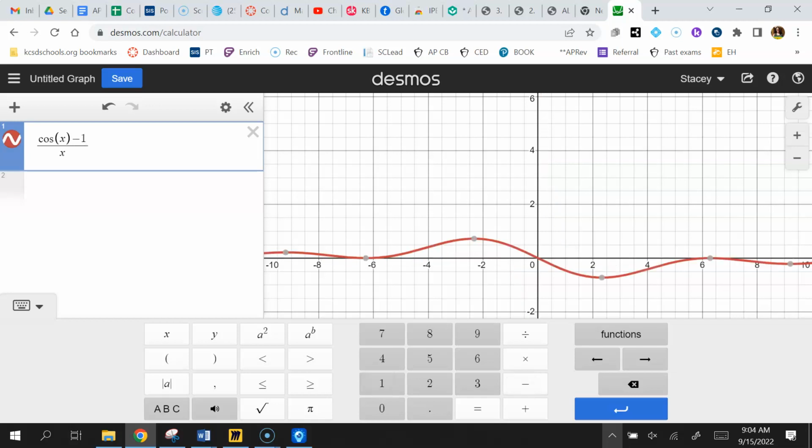Okay, so what does it look like it's going to as you approach 0? 0. Make sure your minus 1 is not inside with your cosine like mine was. Parentheses around the top, yes. So parentheses cosine x minus 1, and then close your parentheses and do divided by x.